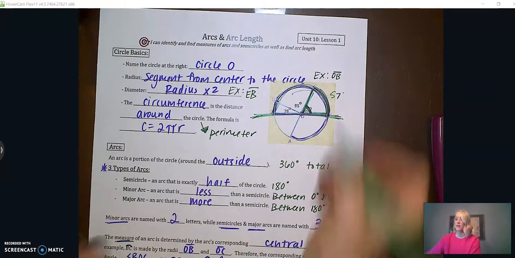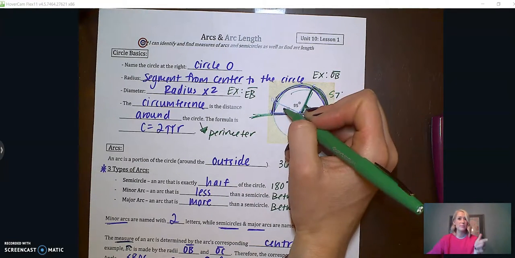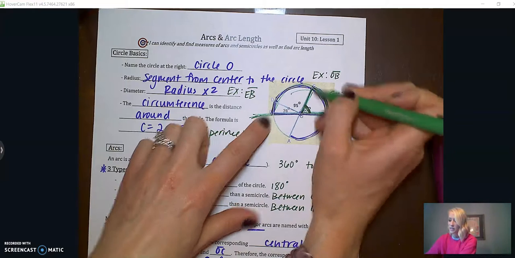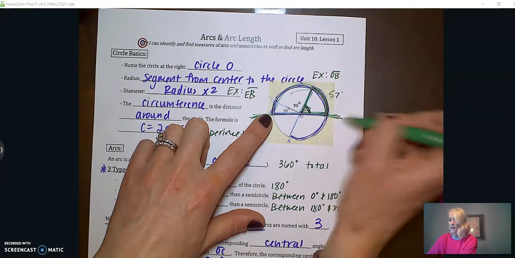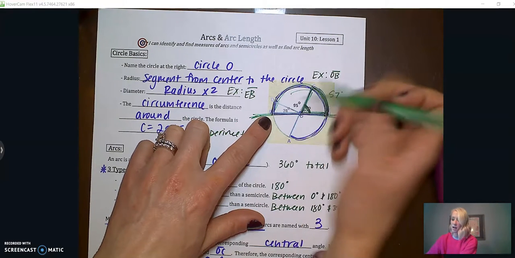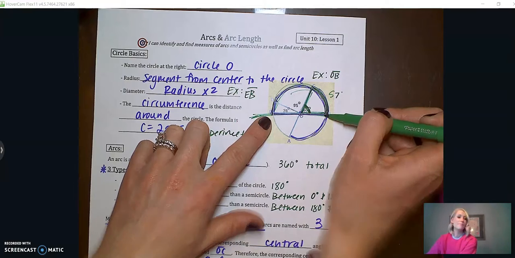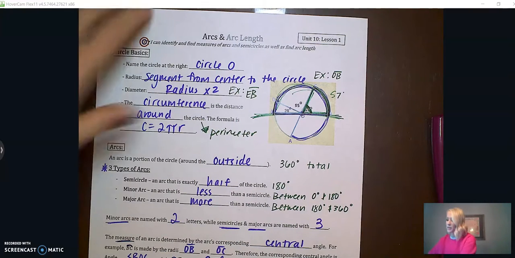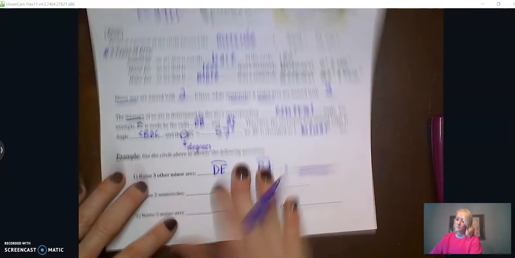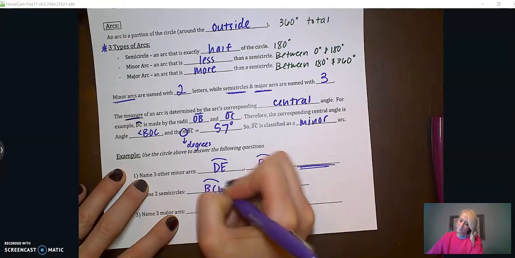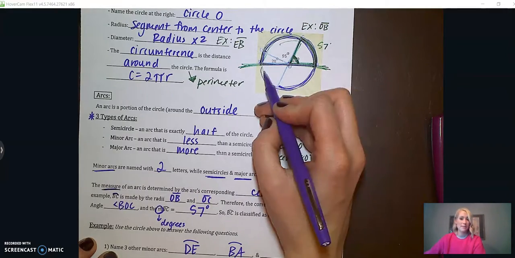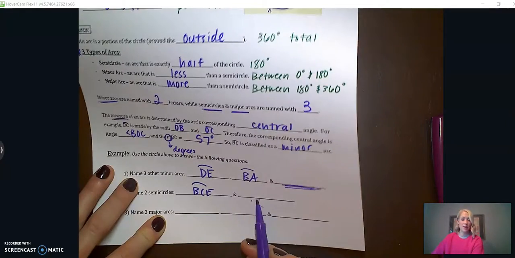The middle letter is just one of the points between them. So I could call this BCE. I could call it BDE. I could call it EDB. Tons of options. I'm going to call it BCE. See if you can name this bottom semicircle. Make sure you note it in your notes here.